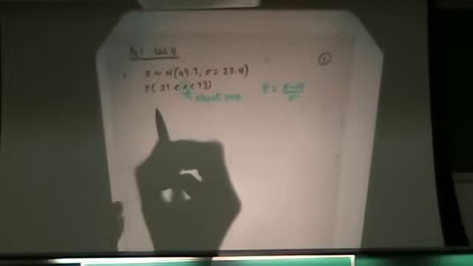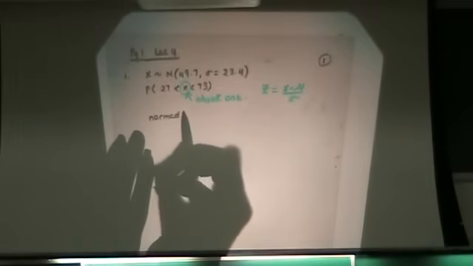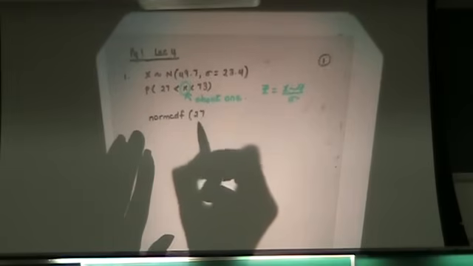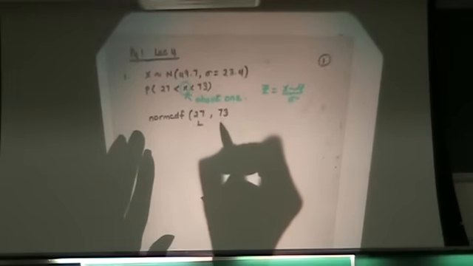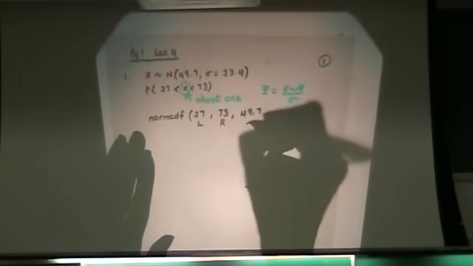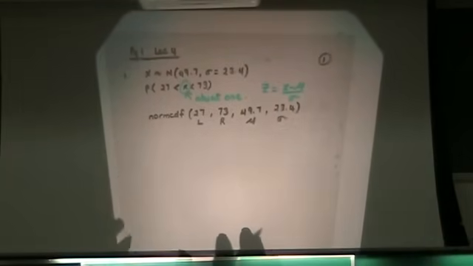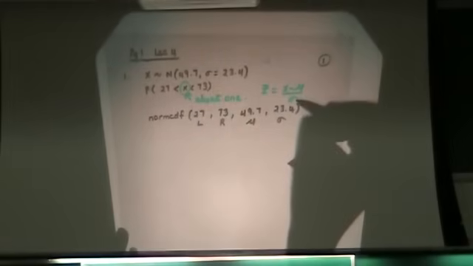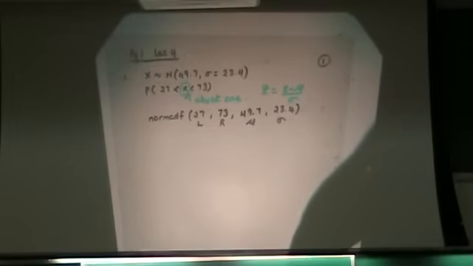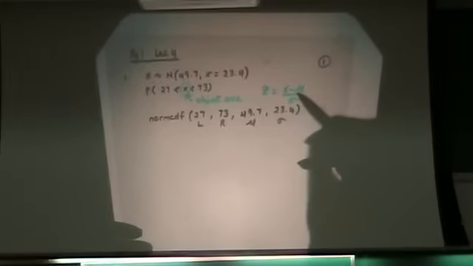If I'm doing it on the calculator, I'm going to say norm CDF, left endpoint 27, right endpoint 73, mu is 49.7, and sigma is 23.4. That's it, right? It's about 1, so there's no reason to do sigma over rad n, just sigma. N is 1, right? So even if you did sigma over radical n, n is 1. So it would still boil down to that.